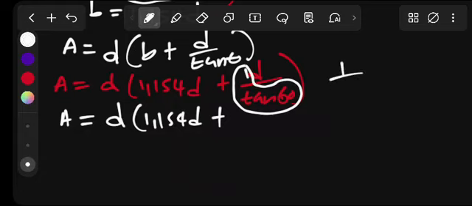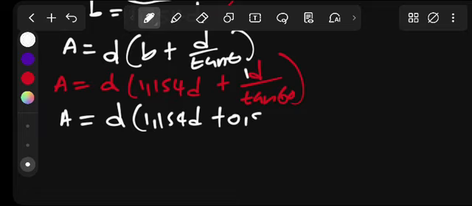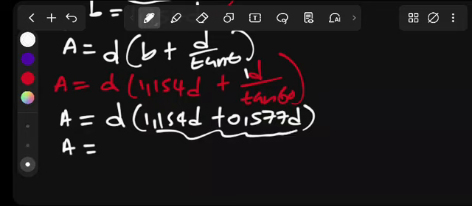Press 1 over tan 60. Press that, then this will be equals to what? If you punch that, you will get 0.577 D.